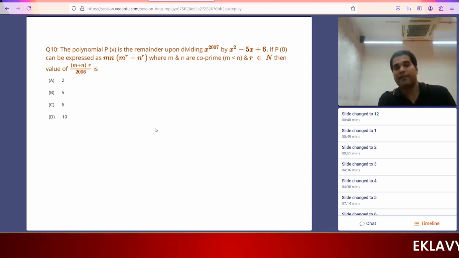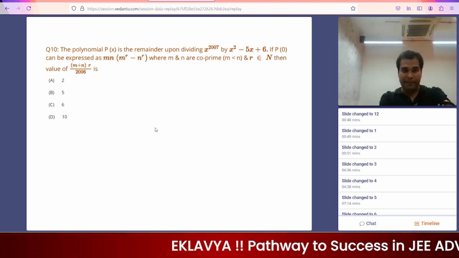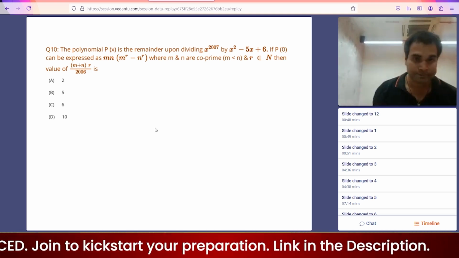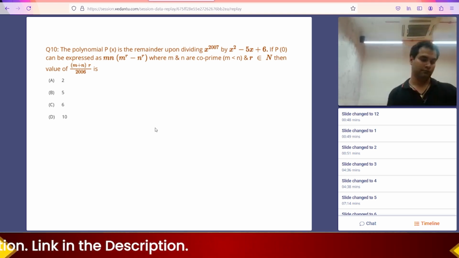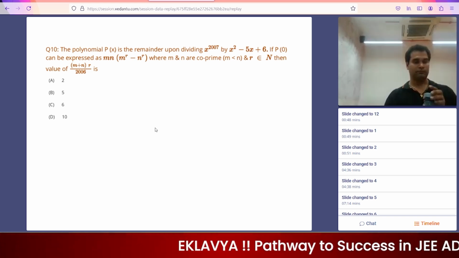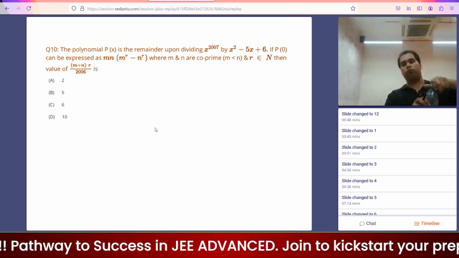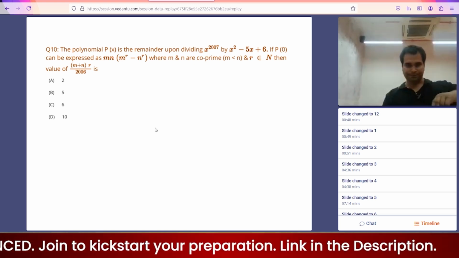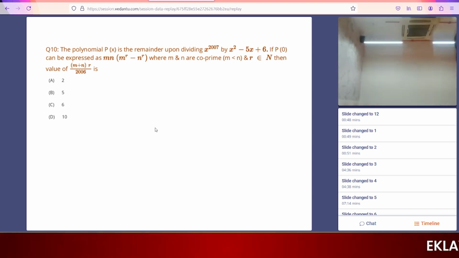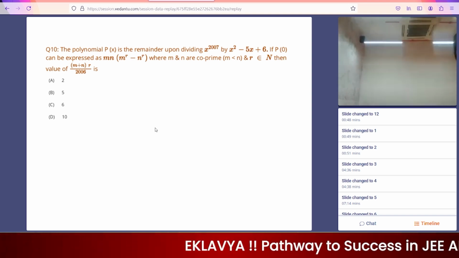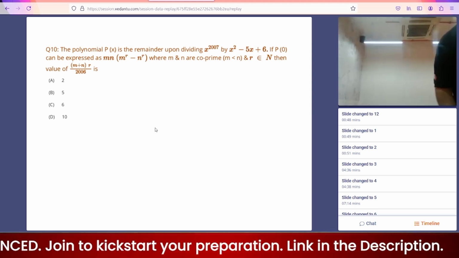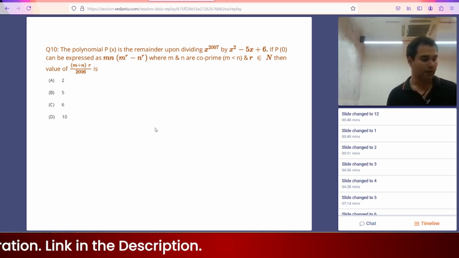If p(0) can be expressed like this, with m and r co-prime, then find the value of m plus n, where r is 2006. Now, let's start the solution.